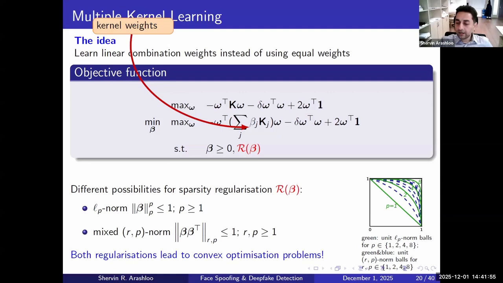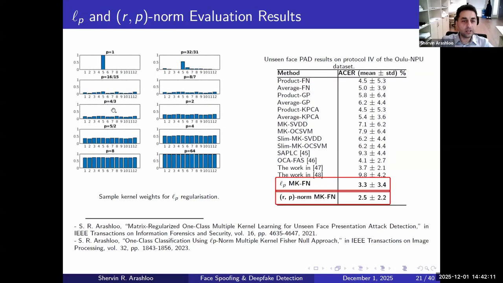Again, skipping the intermediate computations, we show that both of these optimization problems, for vector norm or matrix norm regularization, are convex. We propose analytical solutions and then solve both of these methods. In order to give a visual idea of what P for the vector norm would do, this is the smallest p-value that we consider, equal to 1.